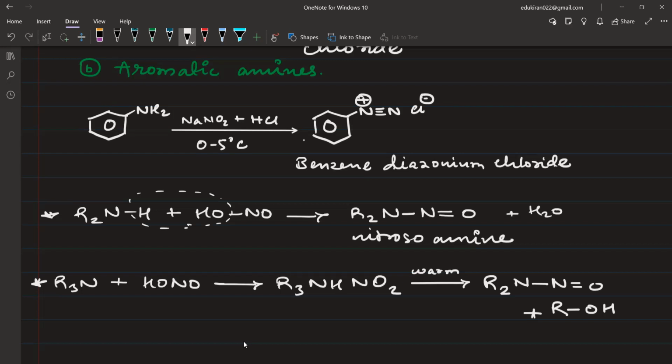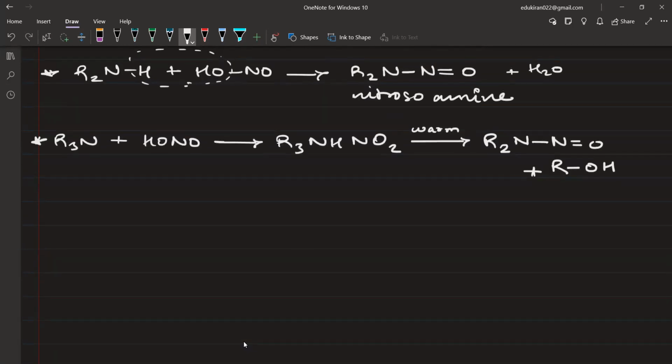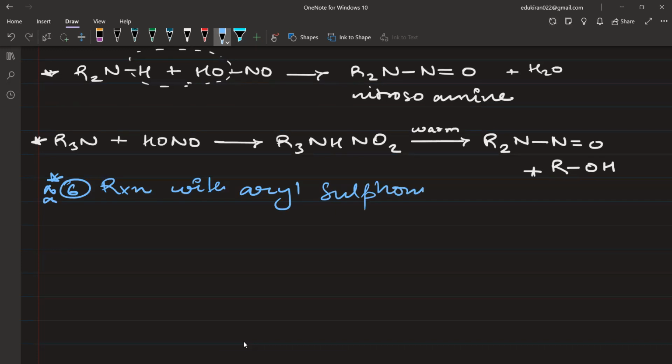Write this down and then you write reaction with aryl sulfonyl chloride. Okay, so this is also a test and it is an important reaction. Please write the sixth reaction. This is also known as Hinsberg's reagent or Hinsberg's test. What is aryl sulfonyl chloride?